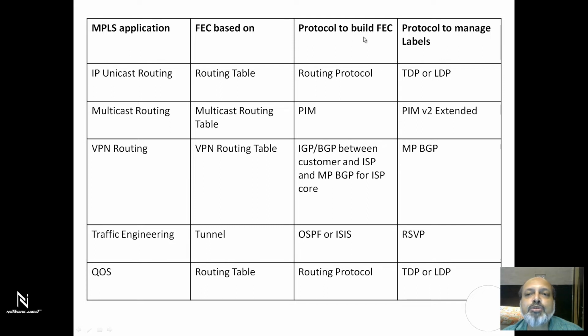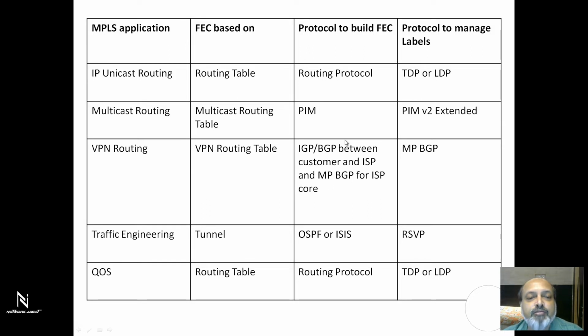Which protocol is used to build the FEC? In case of unicast routing, it is any unicast routing protocol. In case of multicast routing, it is protocol independent multicast or PIM. Those who know some complex features of networking, I think you have come across this term multicast routing, and there are several routing protocols which can do multicast routing, like say DVMRP or distance vector multicast routing protocol.